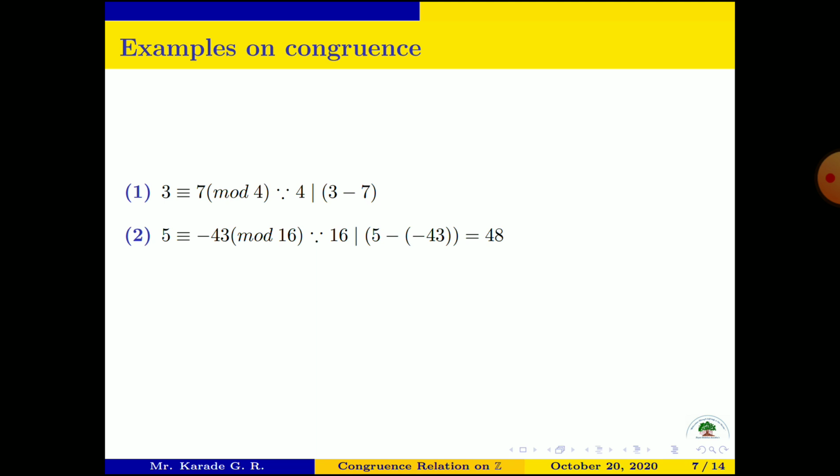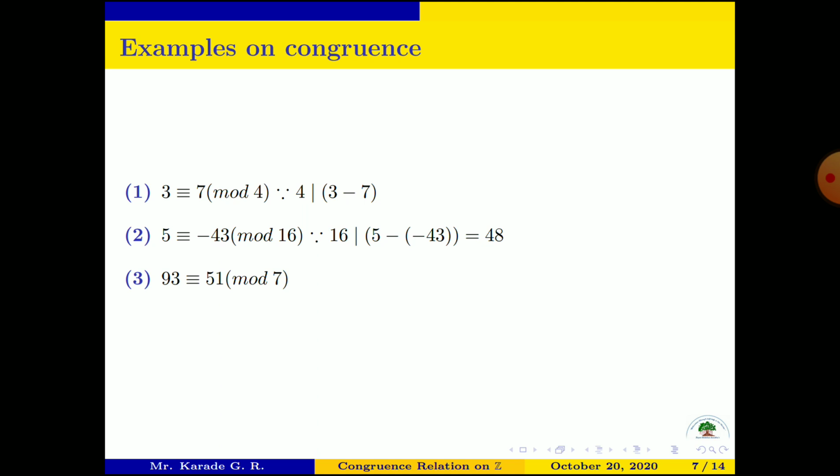That's why 16 divides 48, or we can say that 16 divides 5 minus minus 43. Therefore, we can write 5 is congruent to minus 43 modulo 16. Okay, so this is also easy.